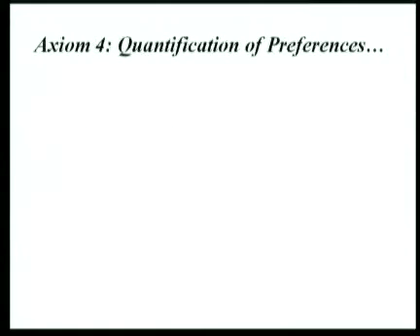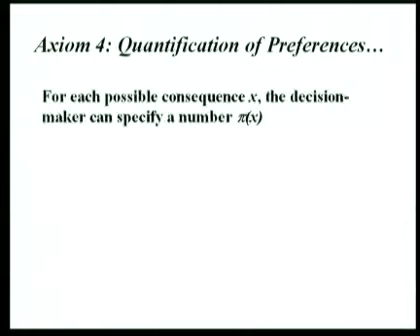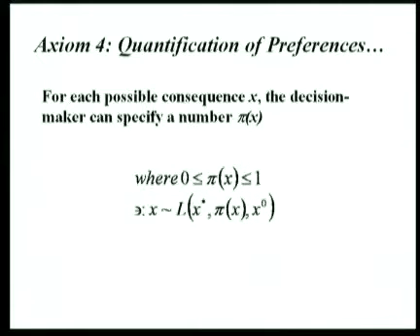Axiom 4, the quantification of preferences. For each possible consequence, x, the decision maker can specify a number. We'll call it pi of x, where pi is actually a probability. It's a number between 0 and 1, such that x is indifferent to some lottery with x star with probability pi of x and x naught.